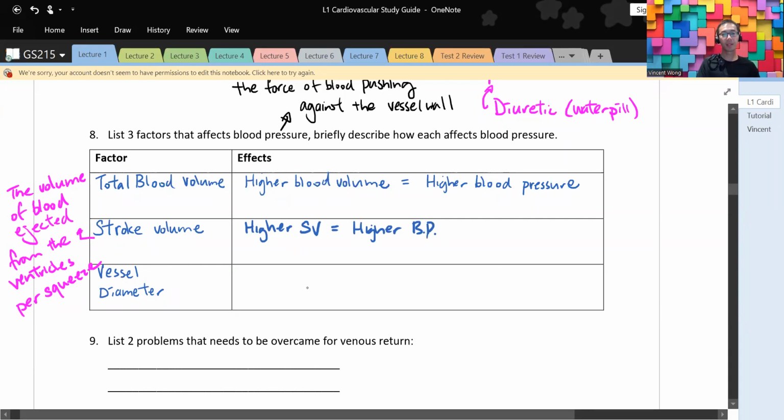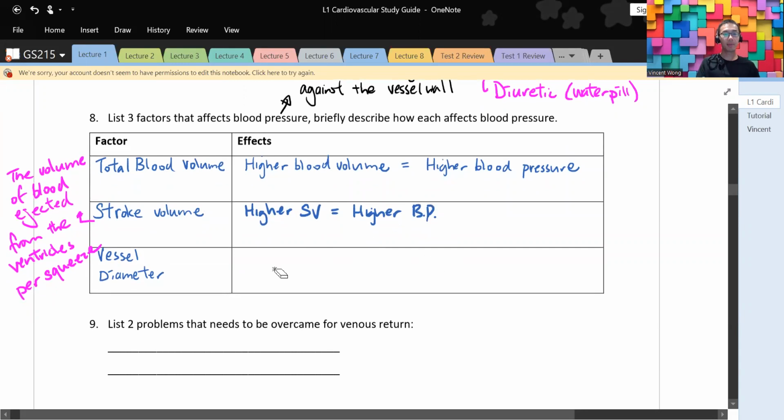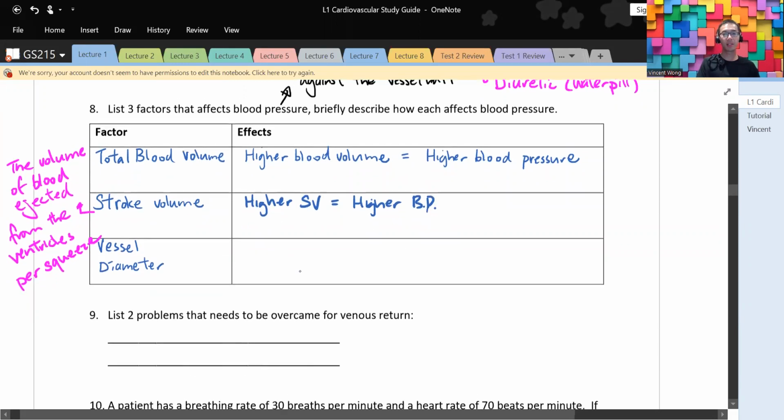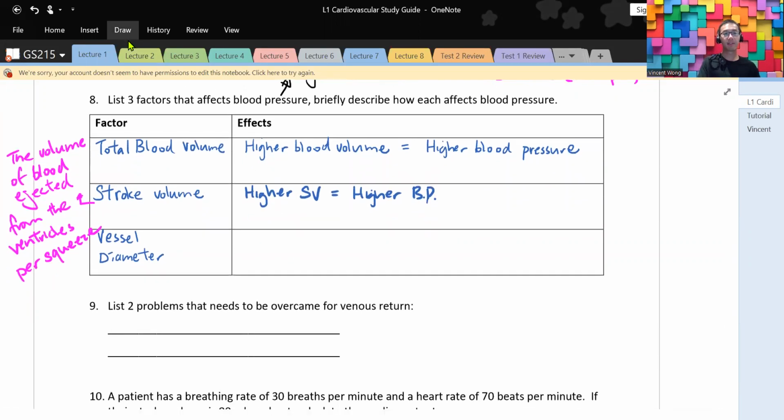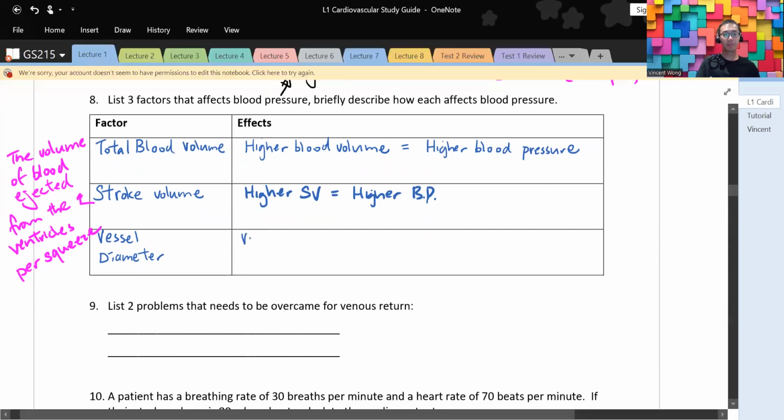Okay, vessel diameter. We have two scenarios here. We might have vasoconstriction. Okay? Vasoconstriction means you're squeezing on the blood vessel, so you will have smaller diameter, which means higher blood pressure.